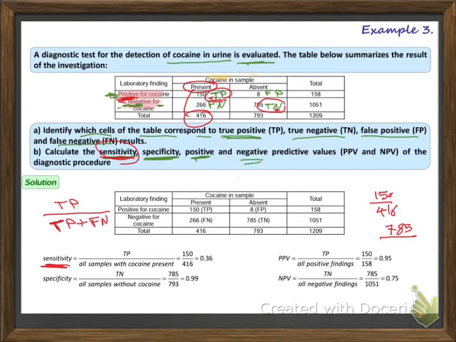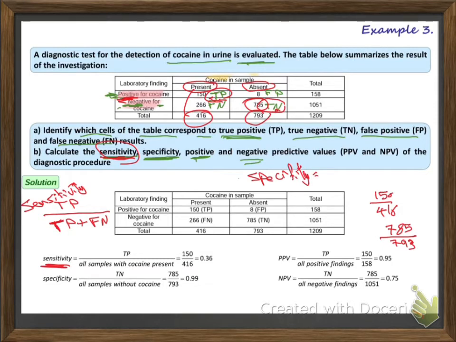So the true negative we have already taken. And what about the absence? The total of the absence will be taken here. The total of the absence will be 793. So here this is for sensitivity, and here is specificity.